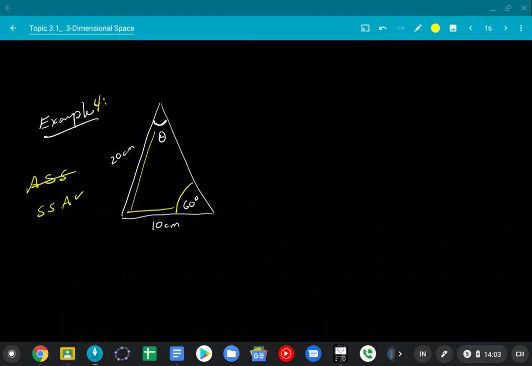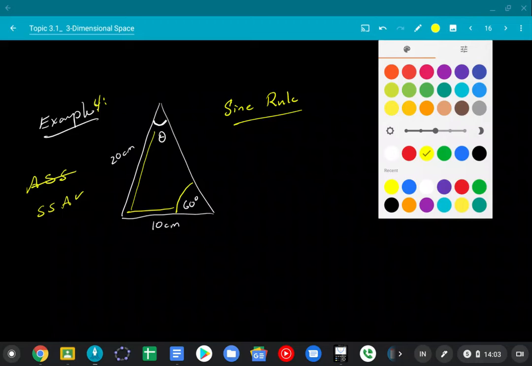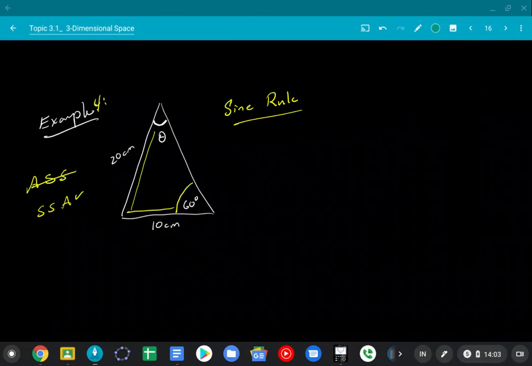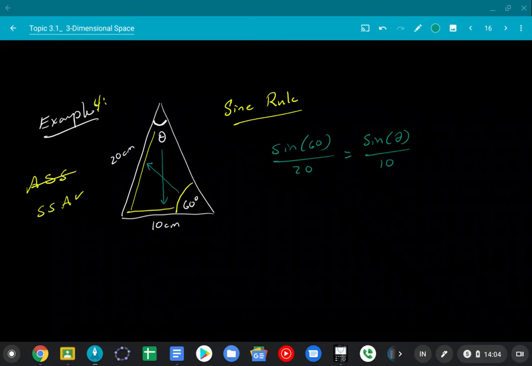But still, once you recognize that you're using the sine rule, then it's just a matter of saying the sine of 60 over 20 is equal to the sine of theta over 10.